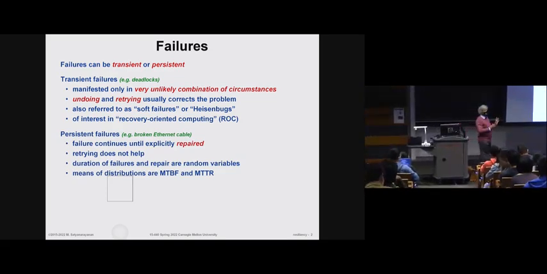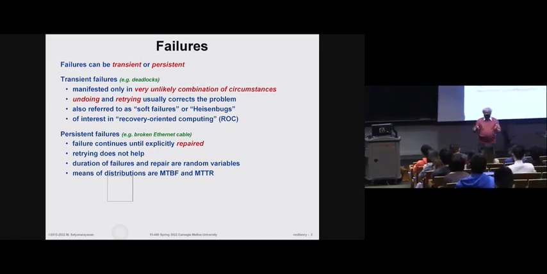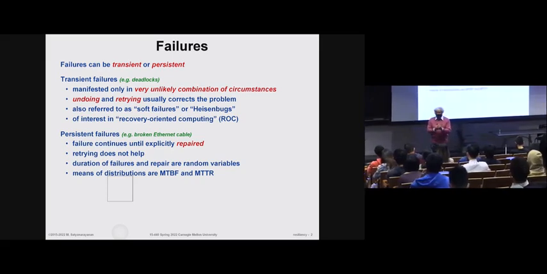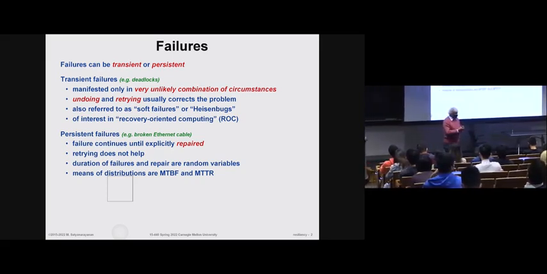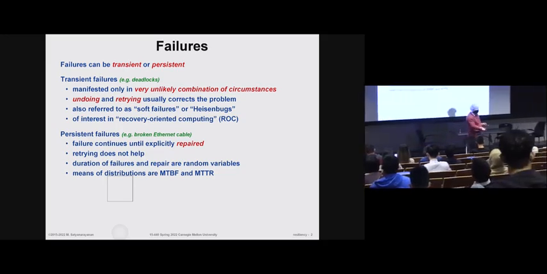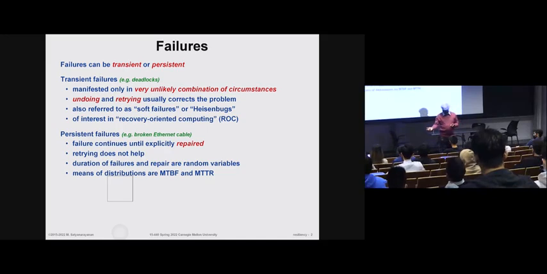Then there's a completely different kind of failure. If your neighbor is having work done on his house and the backhoe cuts the Fios cable to your apartment, no amount of packet retransmission is going to help. They're all going to be lost.